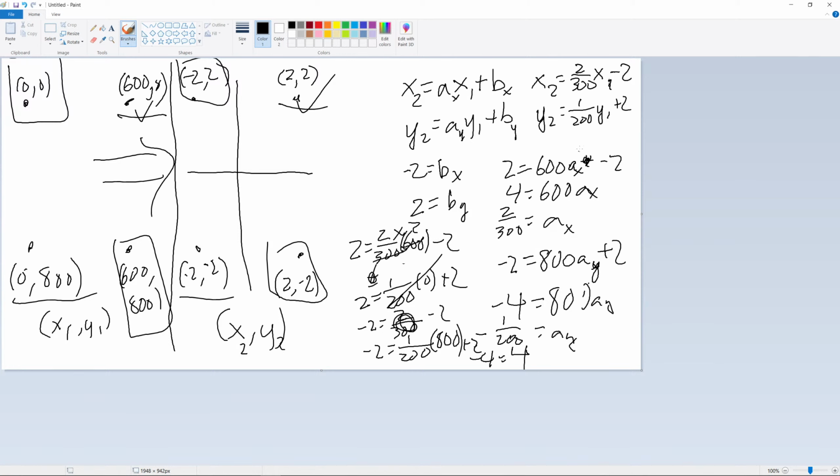Yeah, a should be negative. Negative 1 over 200. A is negative 1 over 200. Yeah, I missed that. Since this is 0, that cancels out. Yeah, okay. Glad we figured that out. So these are the equations we need.